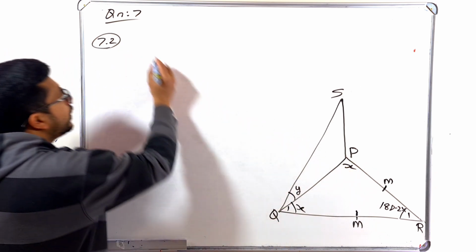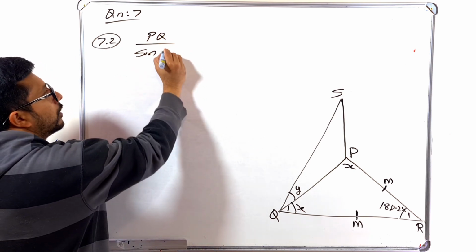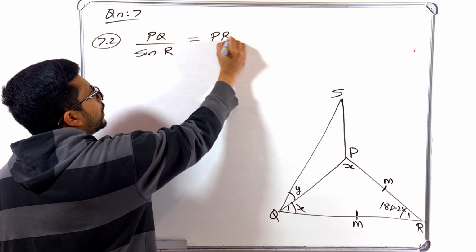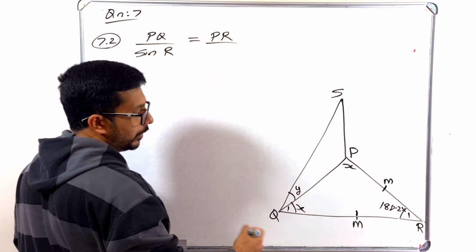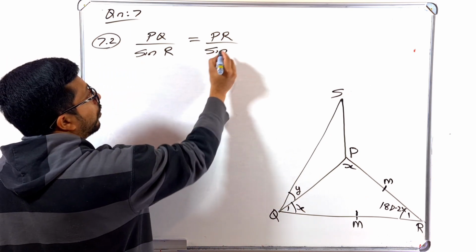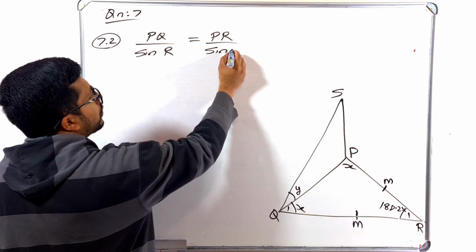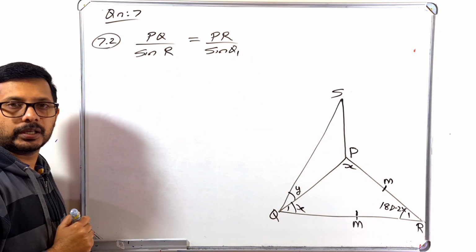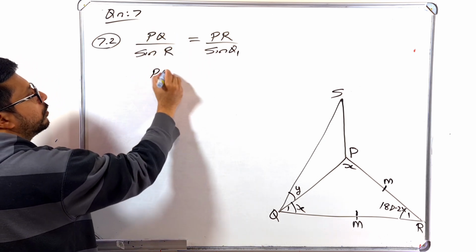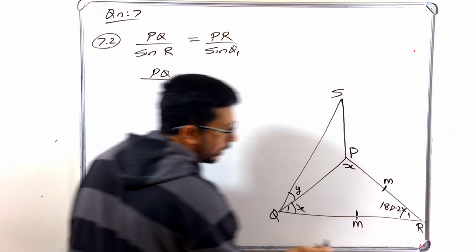That means PQ over sine of which angle? Sine R is equal to PR. If you want to take QR, there is no problem, you will get the same thing. If I take PR, then sine of Q1. I'm trying to apply the sine rule here. So PQ divided by sine R. What is R? 180 minus 2x.